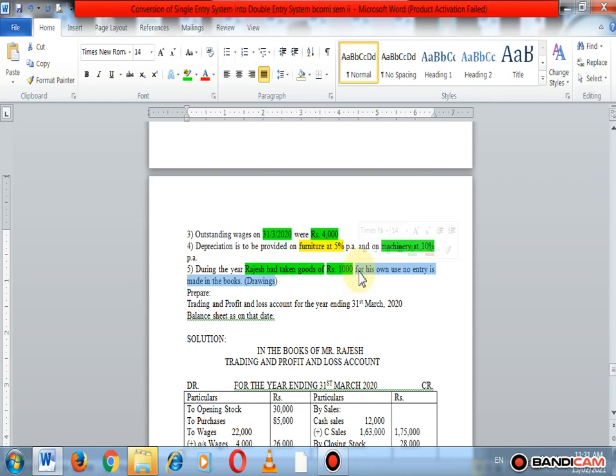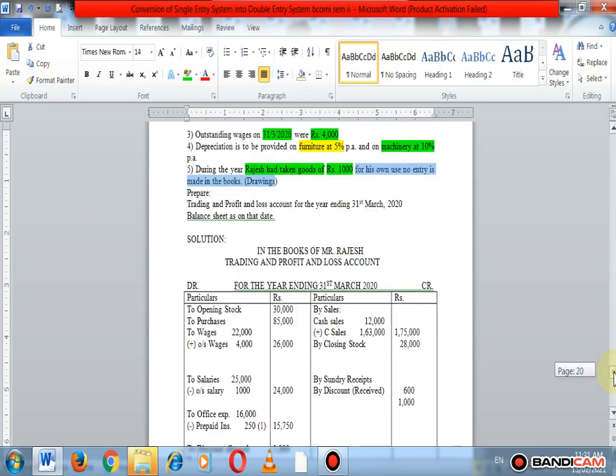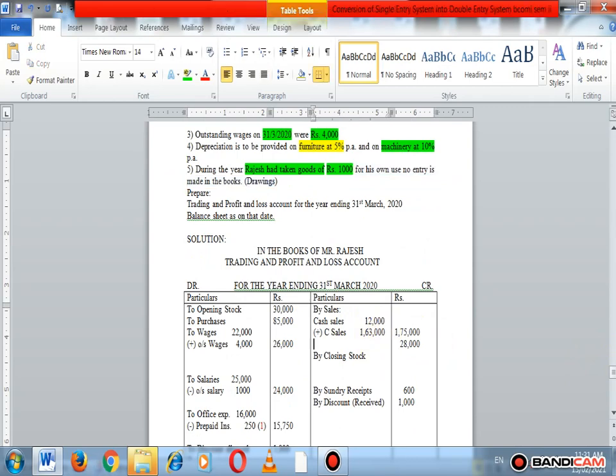effect is not given, and that second effect goes to the trading account credit side, that is by drawings, amounted to rupees 1,000, because the 1,000 goods is withdrawn.